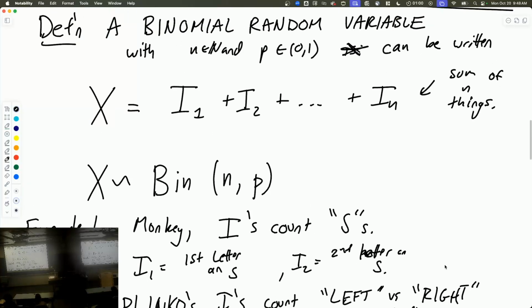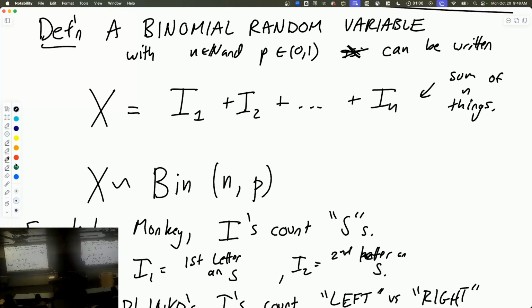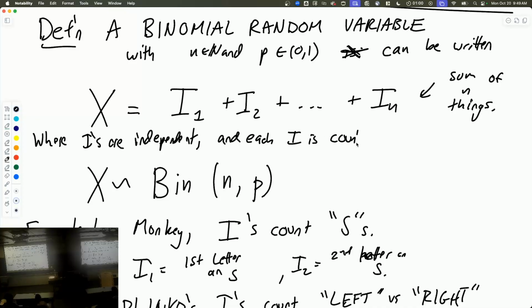So what are the little things that you have to be careful of? The things have to be independent, let's say the i's are independent. And each I is counting one individual event.